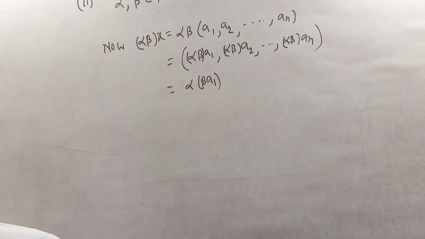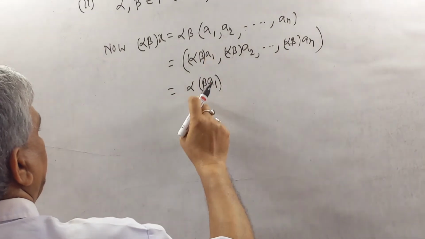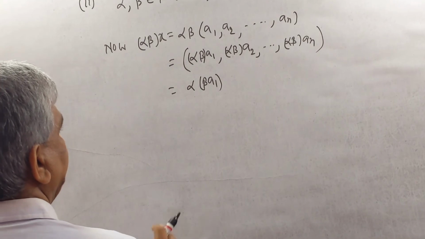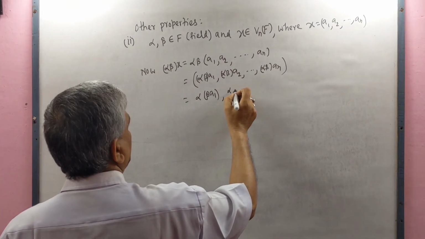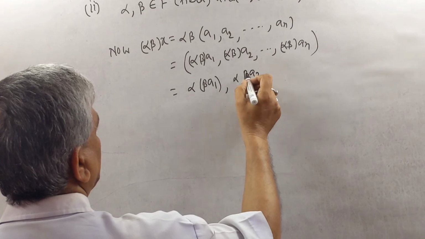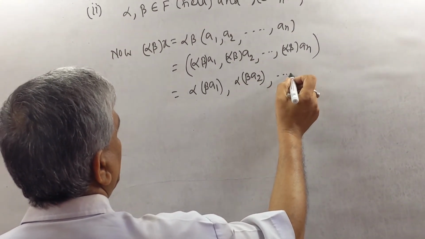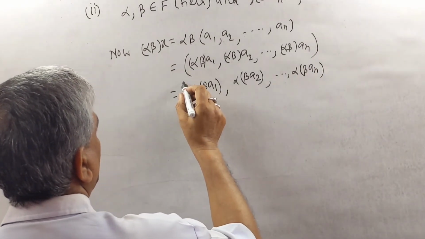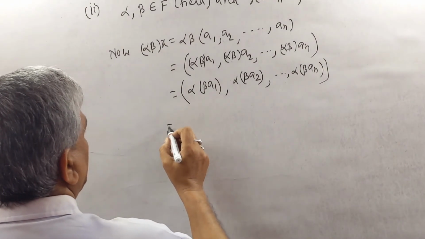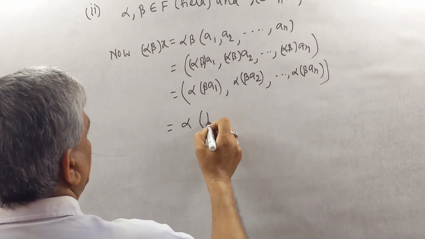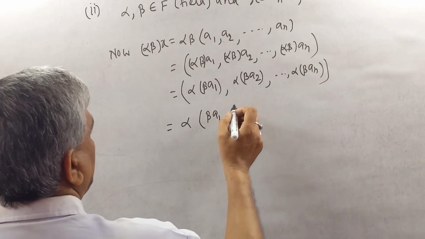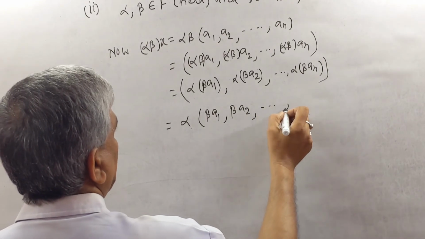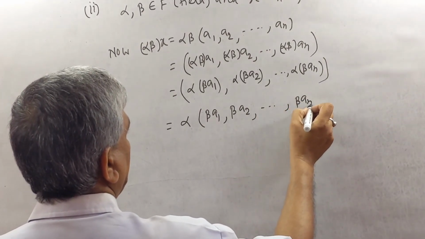Since alpha, beta, a1 all are elements of F and the associative property holds in field F, we may also write this equal to (alpha(beta a1), alpha(beta a2), ..., alpha(beta an)).